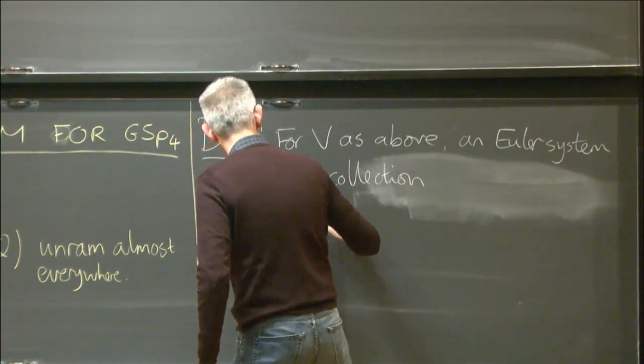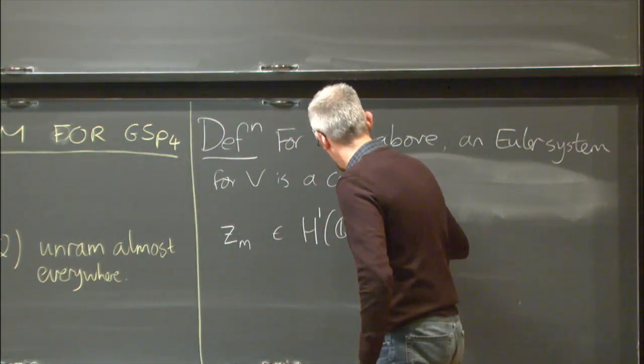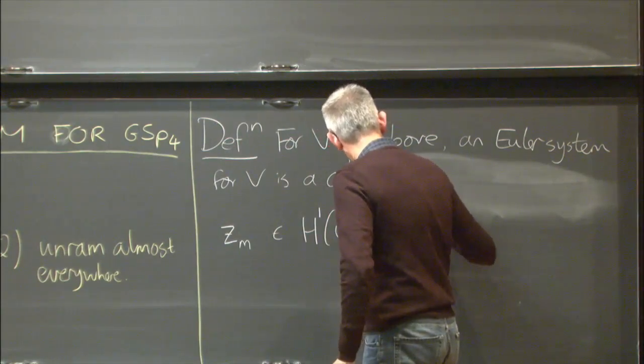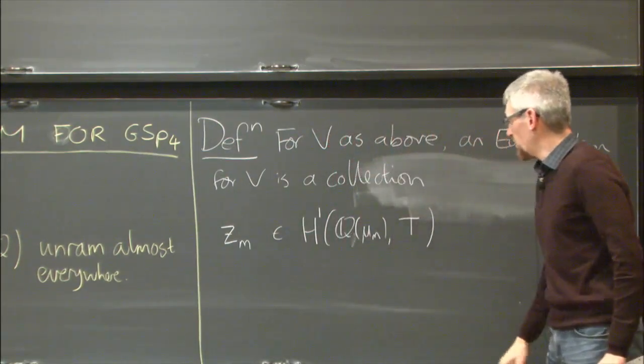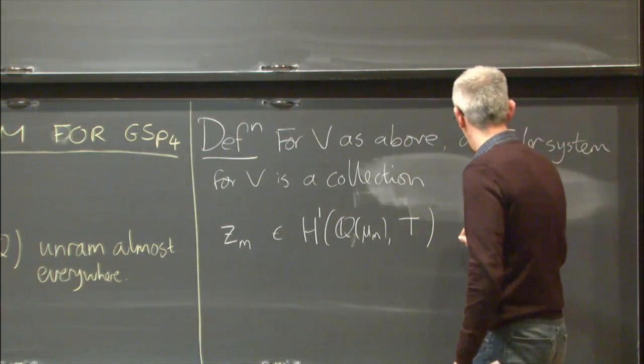So for each m, you have a class z_m. And a minor technical point, it lands not just in V, but in some fixed lattice in V independent of m.